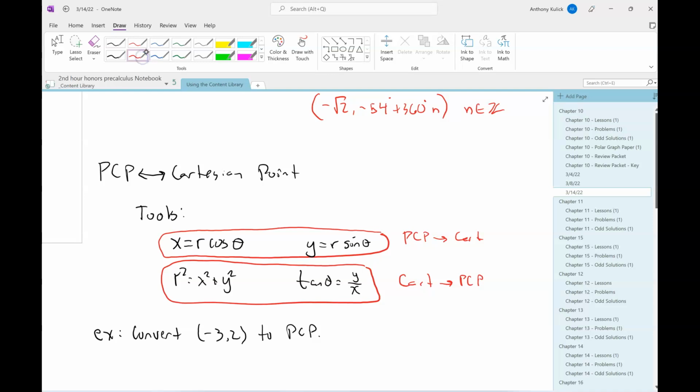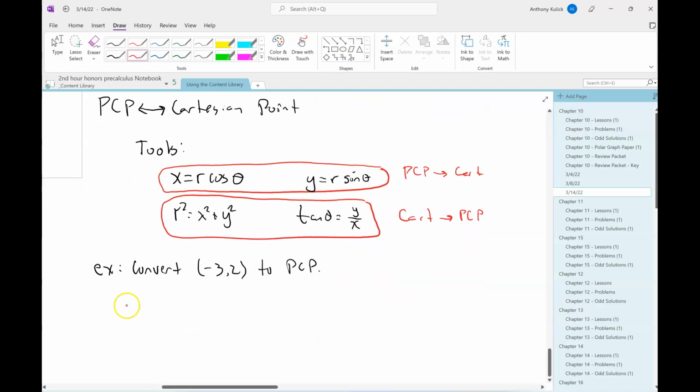Okay, so let's say we want to take negative 3, 2 and convert that to a polar coordinate point. Well, to get my value for r, I'm going to start with the Pythagorean theorem. So I get the square root of 13. Then if I think about the plot of negative 3, 2, it is here.